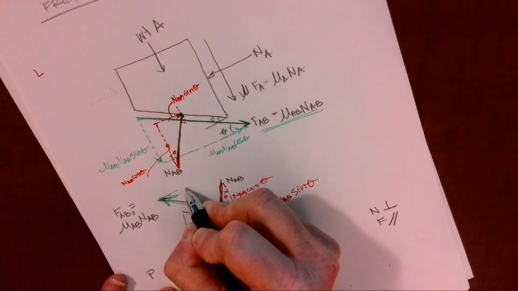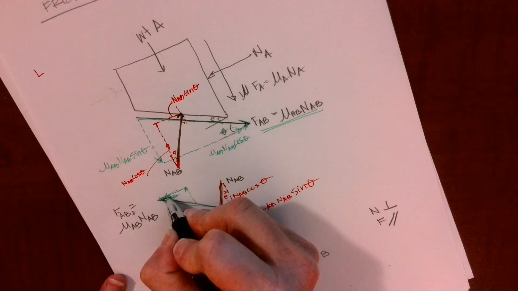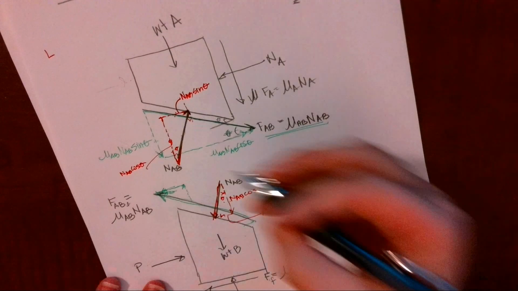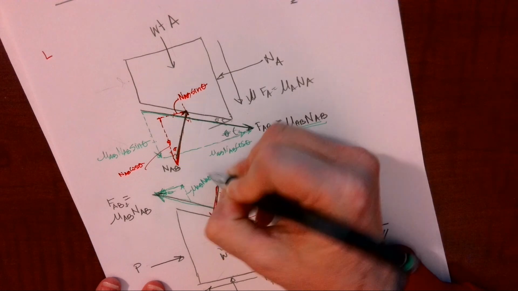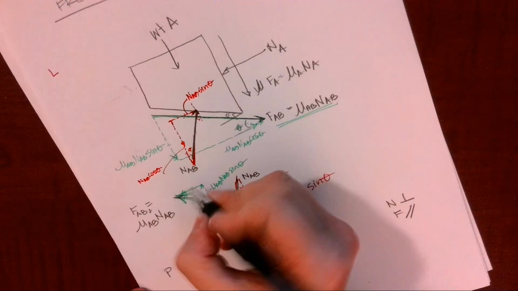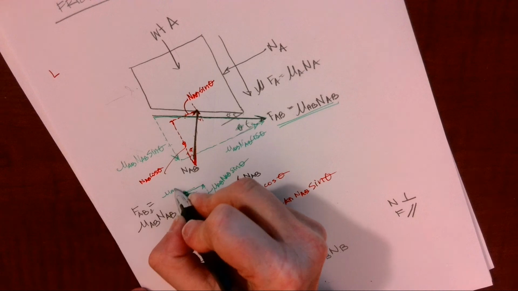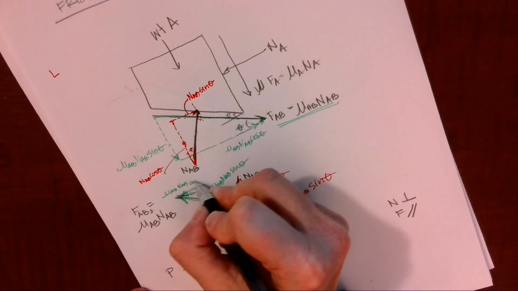See, before I was going negative, and then I have to go to the left, whereas before I went to the right. So this is going to be mu AB N AB sine theta, the X component mu AB N AB cosine theta.